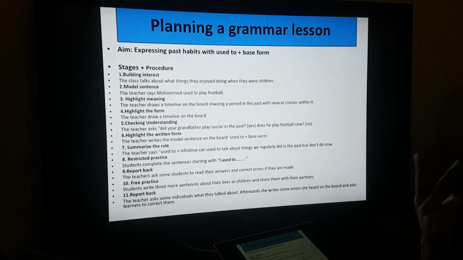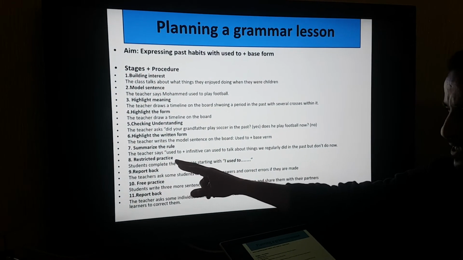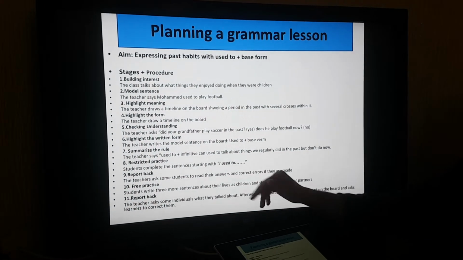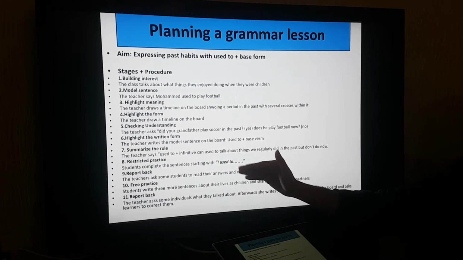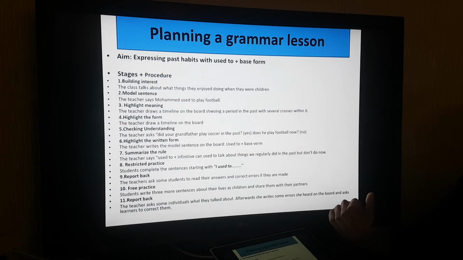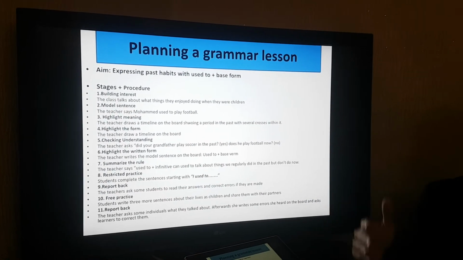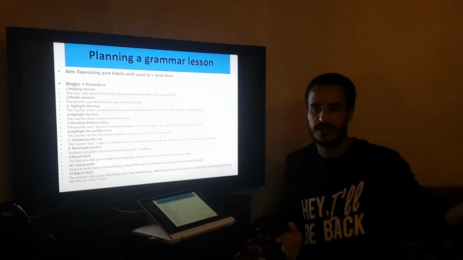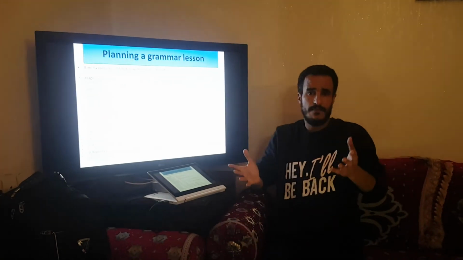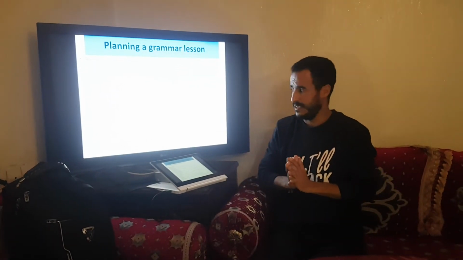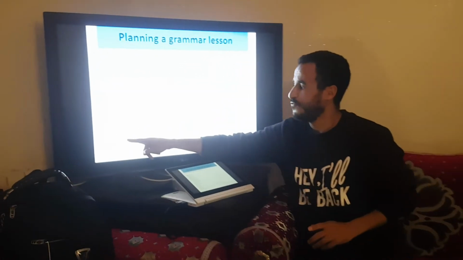Number eight, we move to practice, and there are two types of practice. There is restricted practice, like gap filling, multiple choice answers, writing the words in the correct form, etc. Once they finish, they report back. Students should answer. Either you invite them to go to the board and answer, or they stand up and answer the exercise. Number ten, free practice.